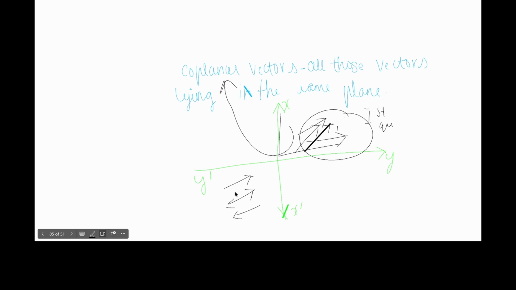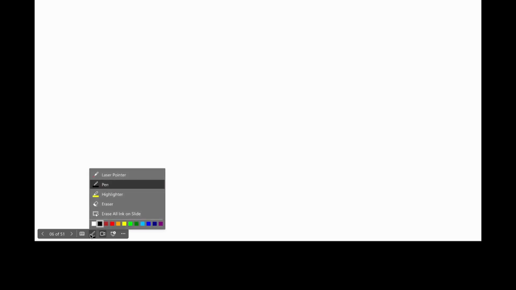So moving on to the next type of vectors, called concurrent vectors. When I say concurrent vectors, I mean all those vectors which pass through a common point. All those vectors which have a common point are called concurrent vectors.